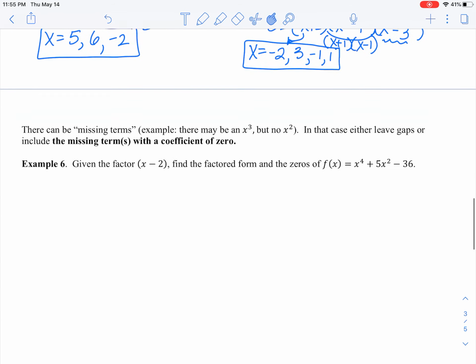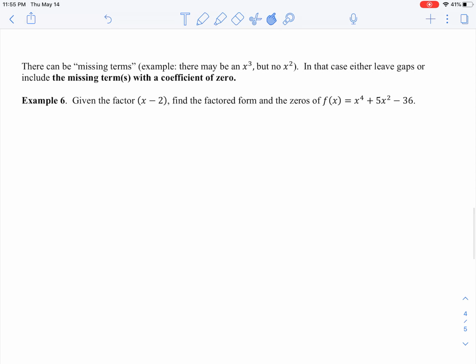Okay, our last example that we're going to look at, sometimes our dividends can have missing powers in them. So if you look at example number 6, we have an x to the fourth and then an x squared. It's missing an x to the third. Where is it at? And it's missing an x.